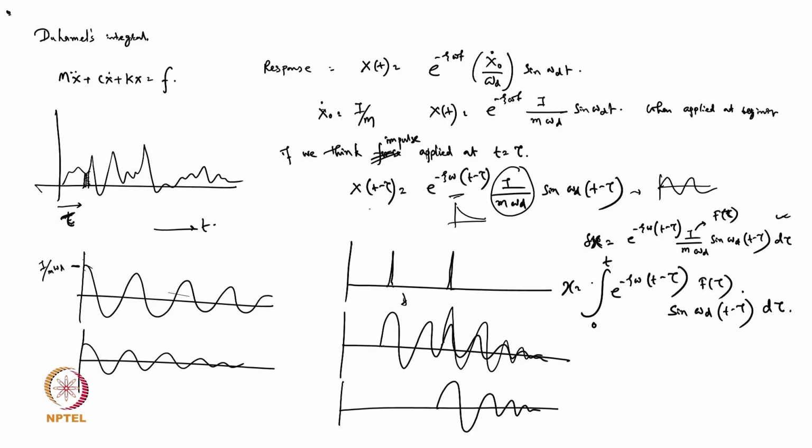And we can take 1 by mω_d out, because 1 by mω_d is a constant number. ω_d is the damped natural frequency of the system, so that will depend on the system, not on the force, and m is the mass of the system. So both things are system properties and can come out, they are not changing. Okay, and so we can get the response like this.